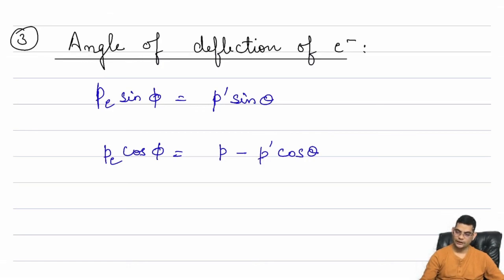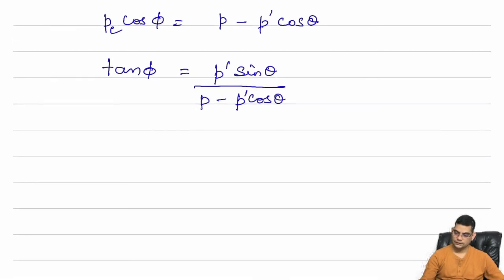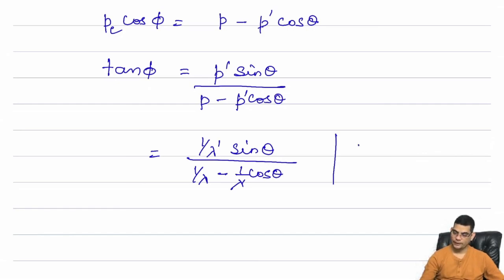Now dividing equation 1 by 2, we get tan phi is equal to p dash sin theta divided by p minus p dash cos theta. That can be written as 1 by lambda dash sin theta divided by 1 by lambda minus 1 by lambda dash cos theta, because we know that momentum p is equal to h by lambda.